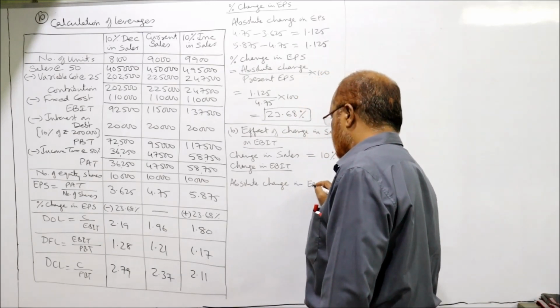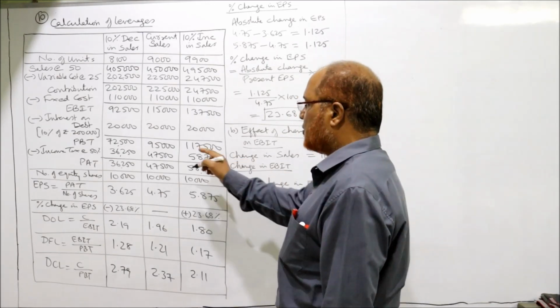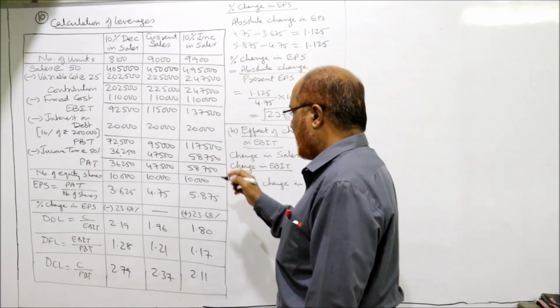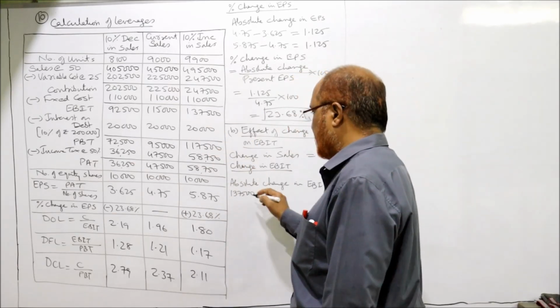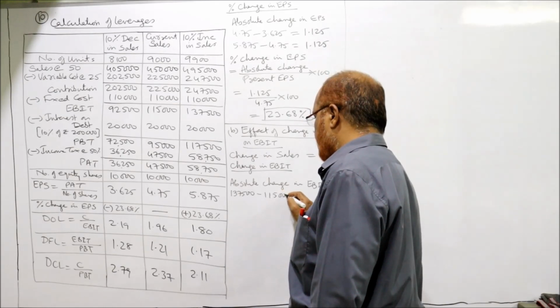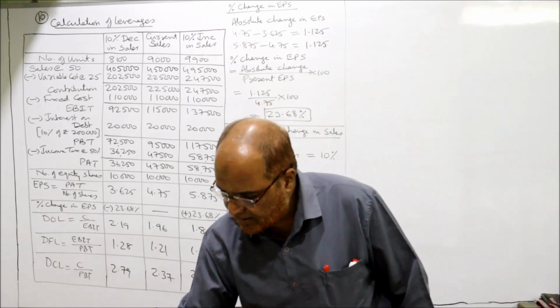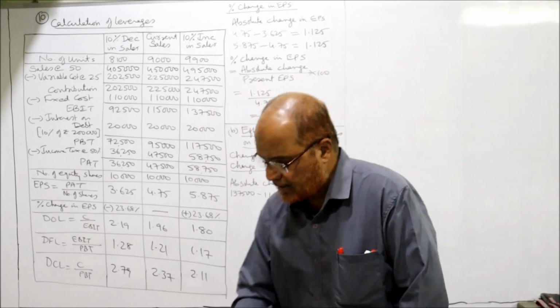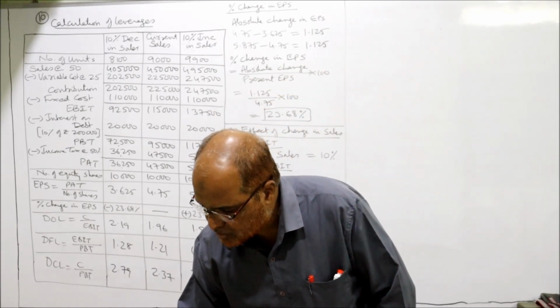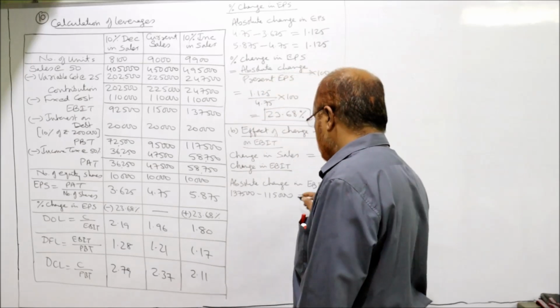Absolute change in EBIT. EBIT is here. So 1,37,500 minus 1,15,000 is 22,500.